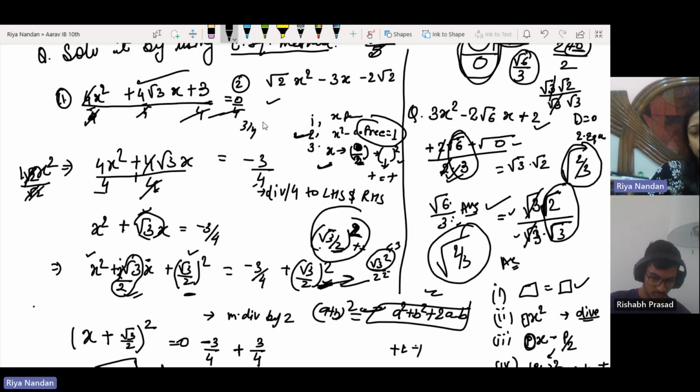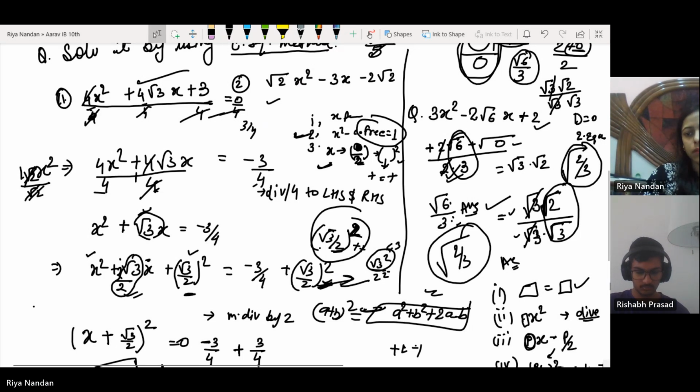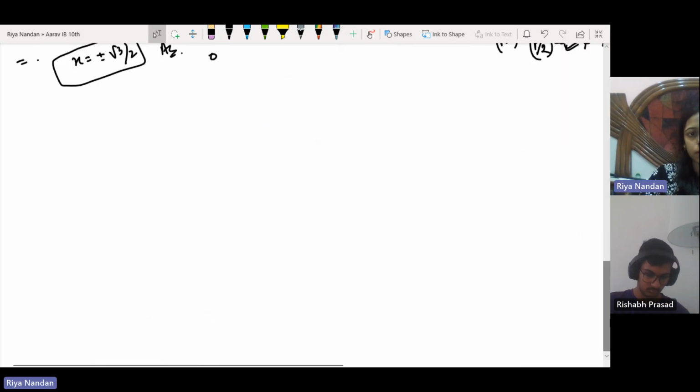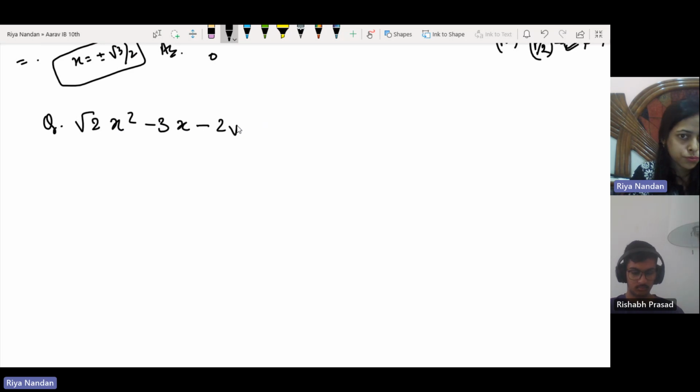I've written the question. Now let me know the steps you are following. What is the question? I try to get the question number. It's 2 root 2 x square minus 3x minus 2 root 2, right?